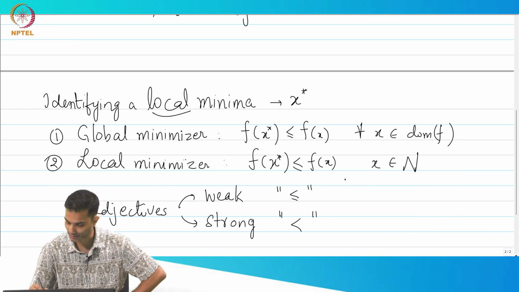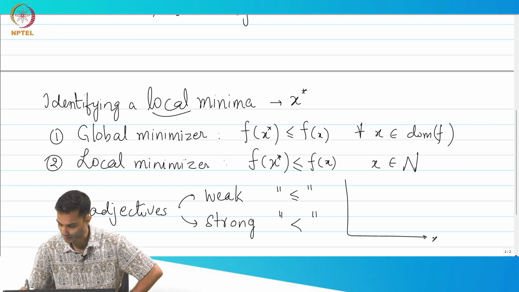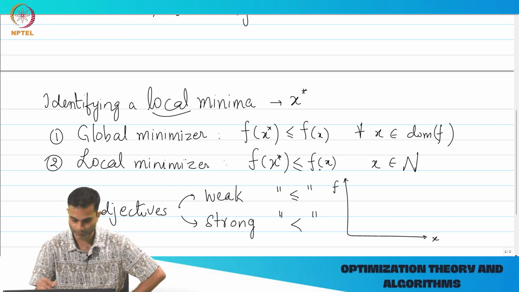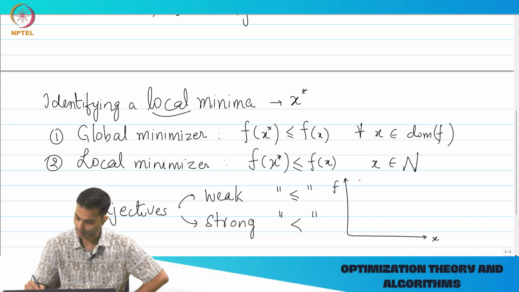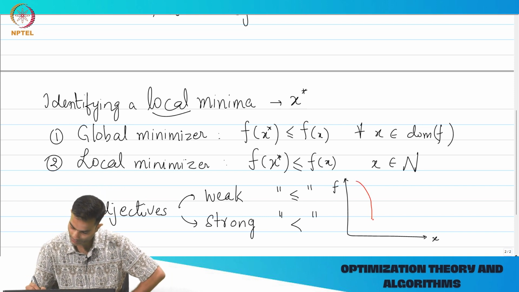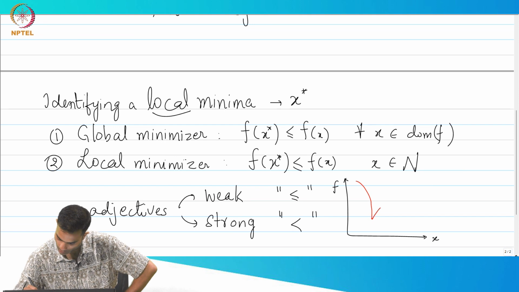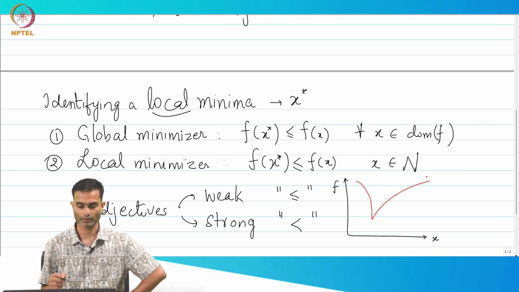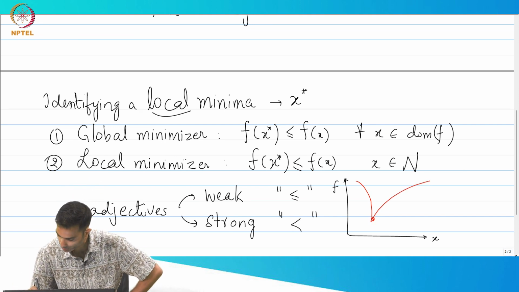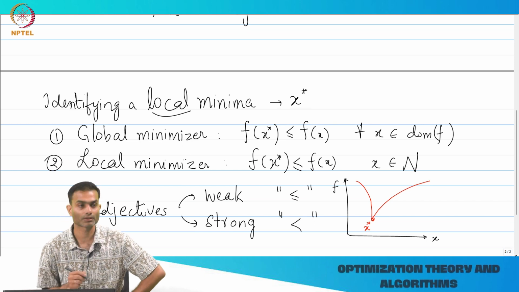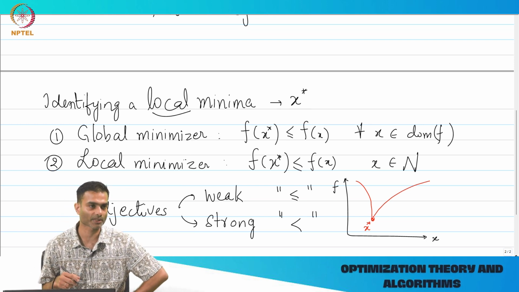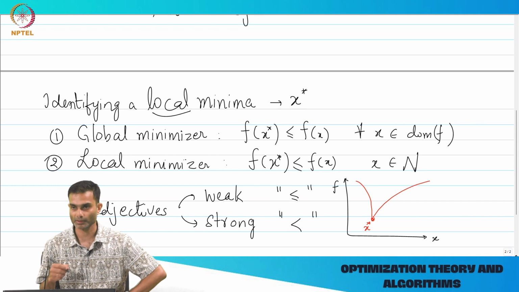And the best way to see it is, let me plot for you. This is, let's say, x, this is f, right? And I have a function that comes like this and goes like this, right? Now, this point over here, x star, is clearly a strong minimizer. It's a strong global minimizer.